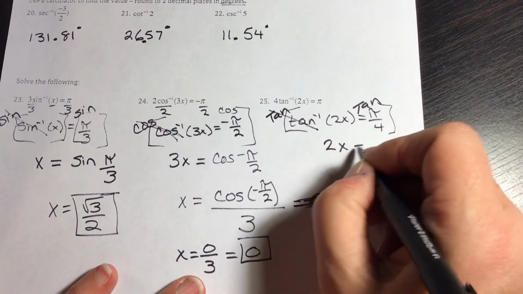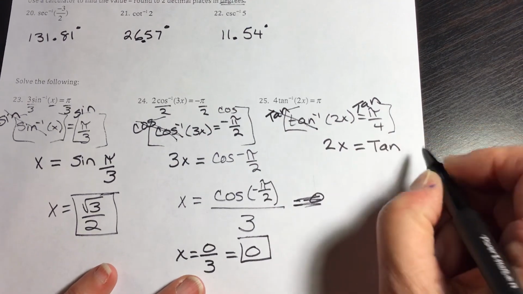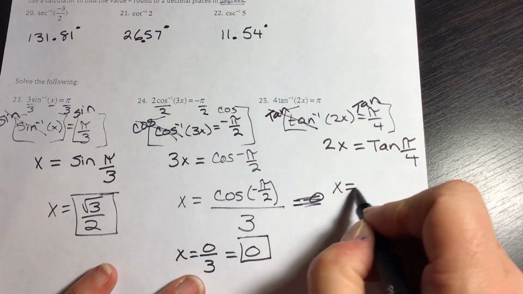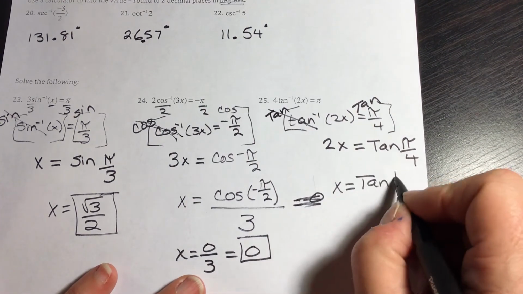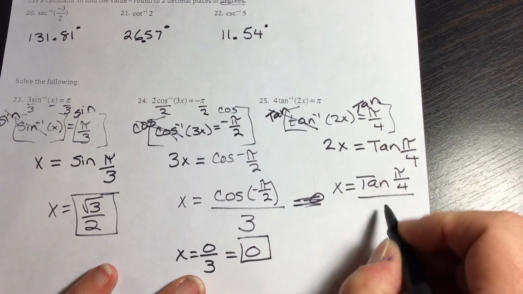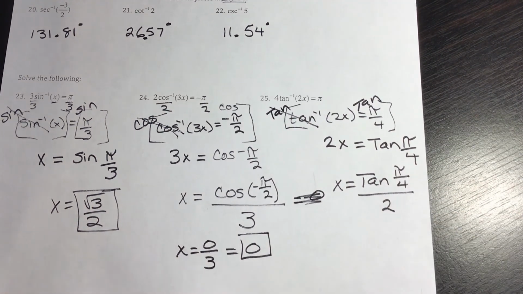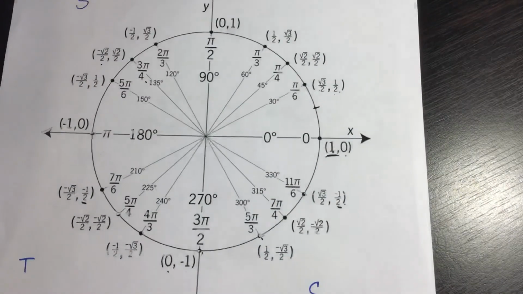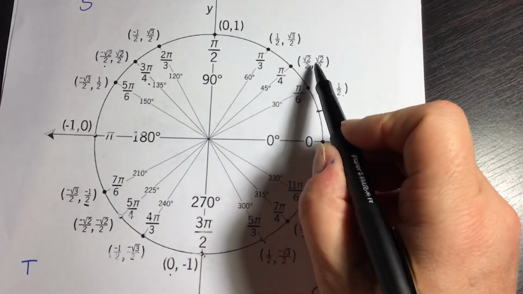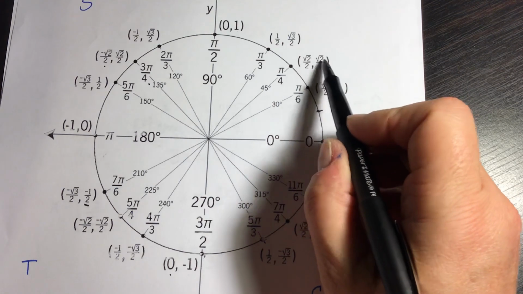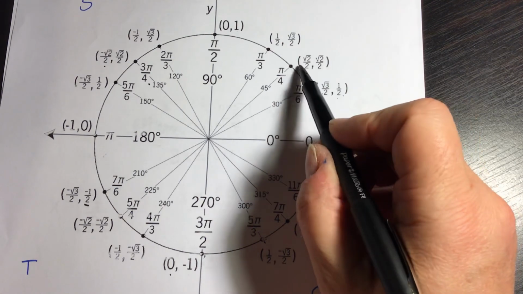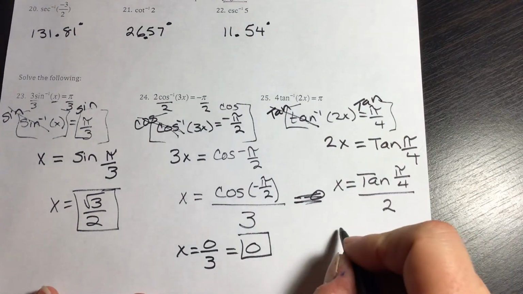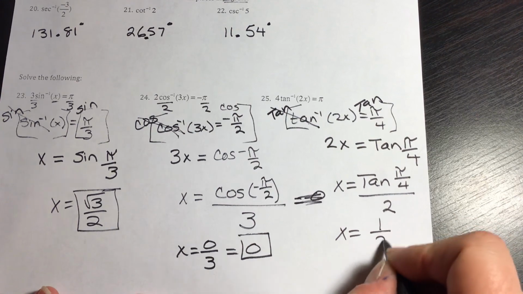I have 2x is tangent pi over 4, and then x is tangent pi over 4, and then divide that by 2. Well, I can do tangent of pi over 4. Looking at pi over 4, tangent would be sine over cosine. Those are the same values, so tangent of pi over 4 is 1. So this is going to be 1 over 2.